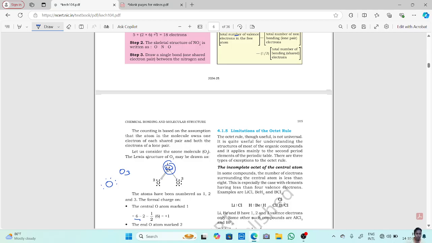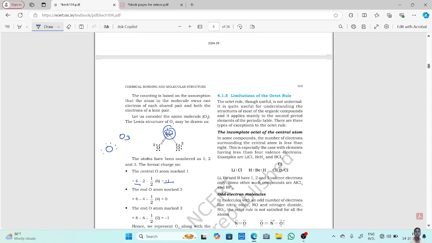Sharing is happening, so we have to consider both the electrons. How many bonds? 1, 2, 3. 3 bonds means 6 electrons are involved. So by calculating it, you get a plus 1 charge. So the charge on this oxygen is plus 1. Similarly, you have to calculate for the other atoms.